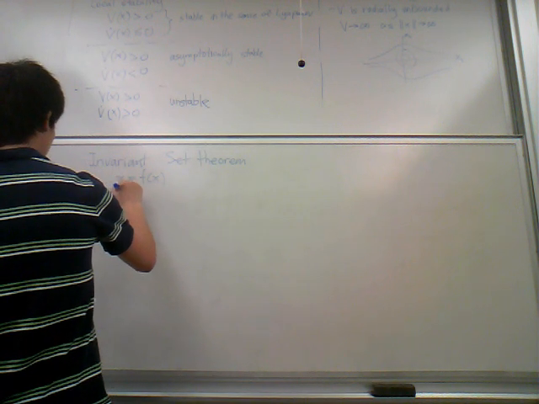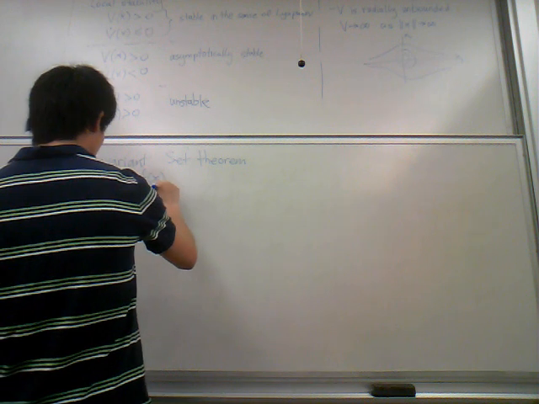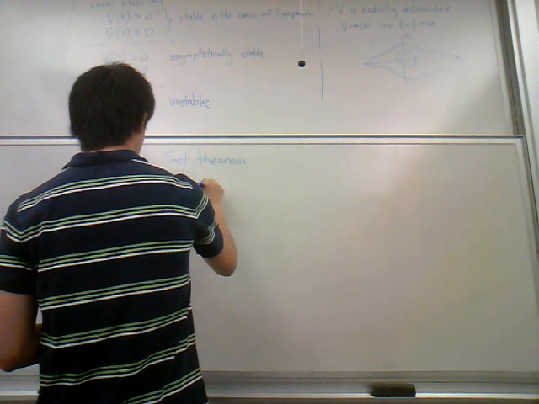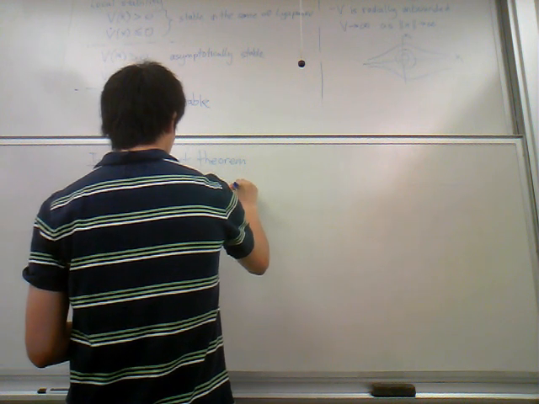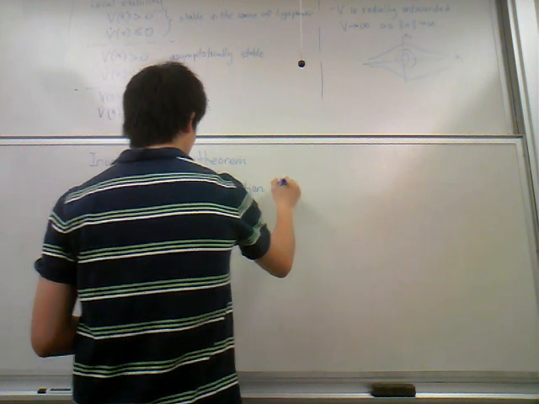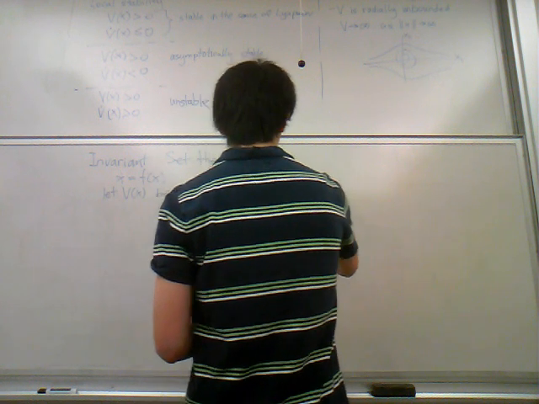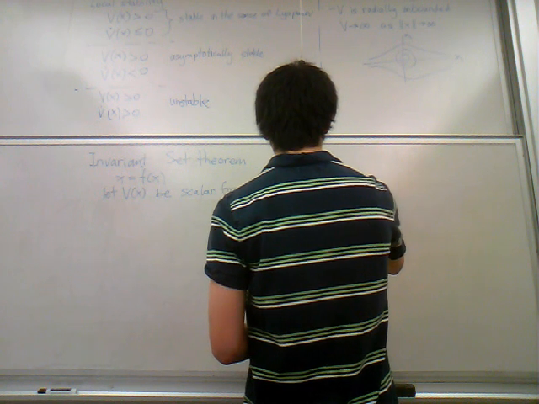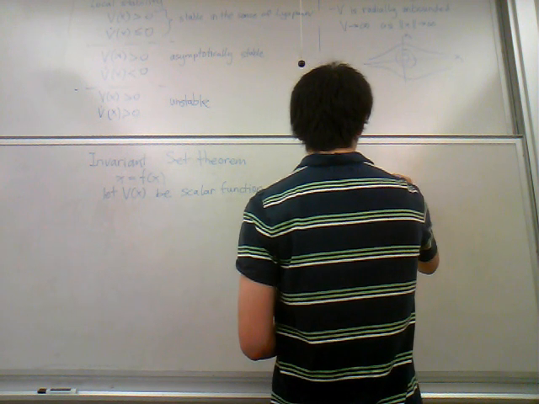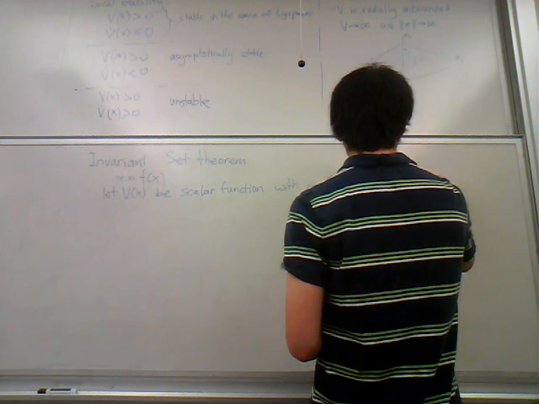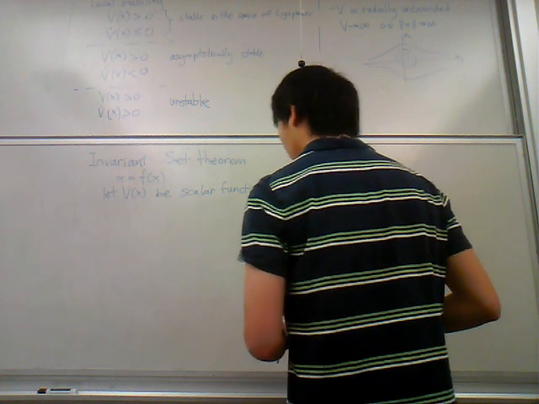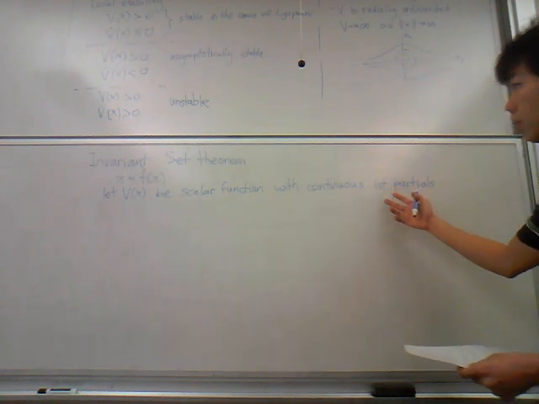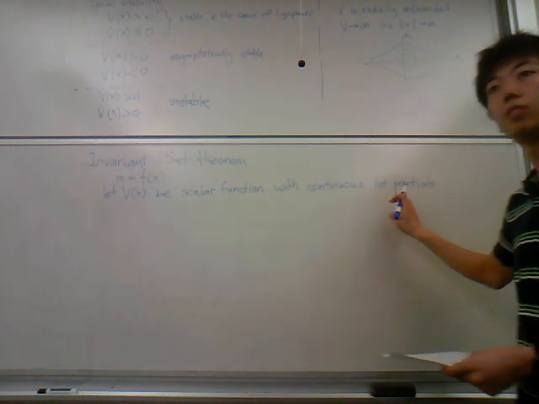Let V of x be a scalar function of x with continuous first partial derivatives. So note that V of x doesn't have to be positive definite in this case.